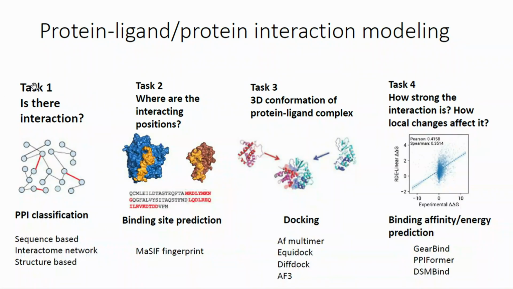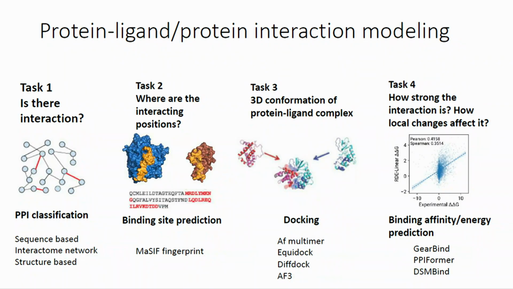And the next level of the task is one step further. Say if I know that two proteins are binding, where are they binding? This is still not completely going into the very precise 3D composition of the structures, but at a high level, I want to predict which part of the whole protein is engaged in this interaction, and therefore it would be important to look into these positions.